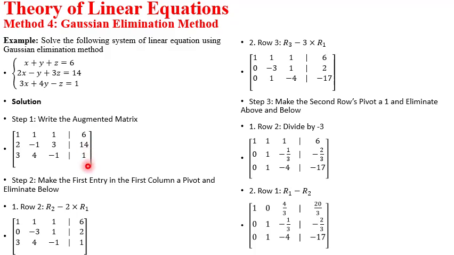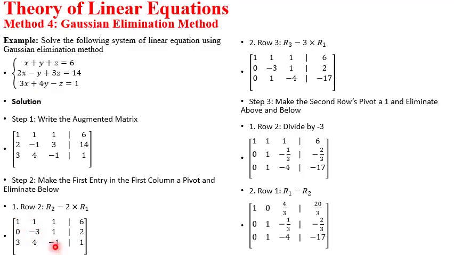The next step after this is to make the first entry in the first column a pivot to eliminate below. Like I told you, we want to try to eliminate the off-diagonal elements. These are the diagonal elements, recall?